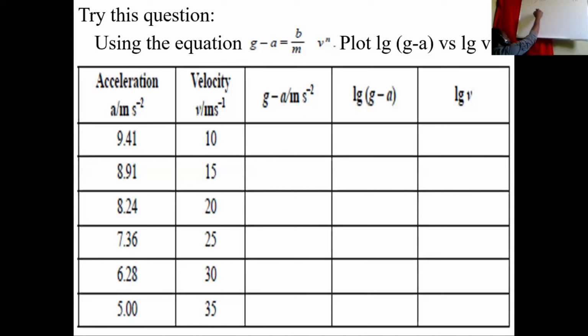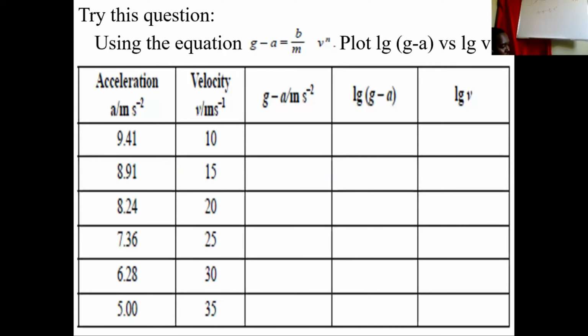So the equation is G minus A is equal to B over M times V to the N. G minus A is noted as just being one variable there, so we're not going to split the G minus A.